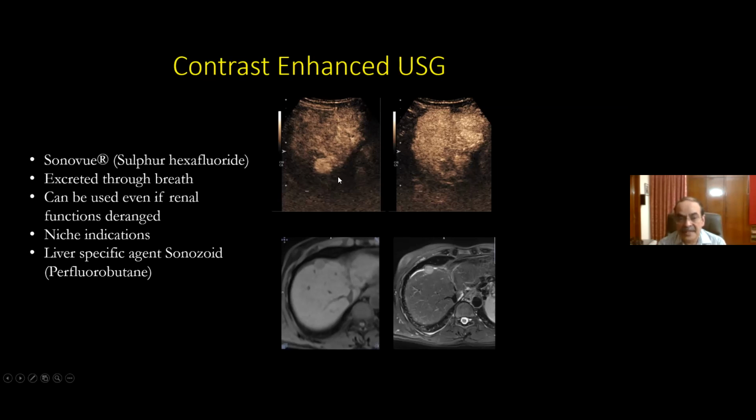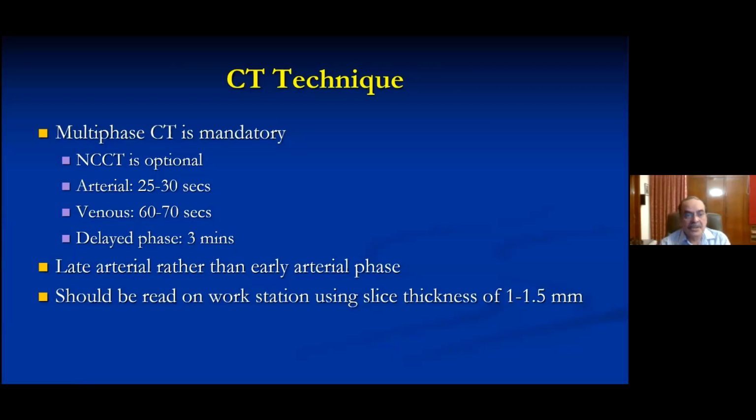This is after injecting contrast, where you can see this area becomes much more echogenic. And then in the venous phase, this washes out, and this fulfills all the criteria for an HCC in a cirrhotic liver. So just like you can assess contrast kinetics on CT or MR, you can assess the arterial phase and the venous phase after injecting the ultrasound contrast agent.